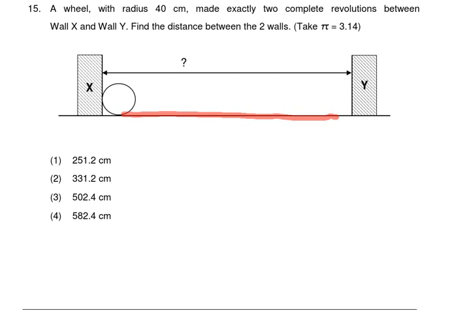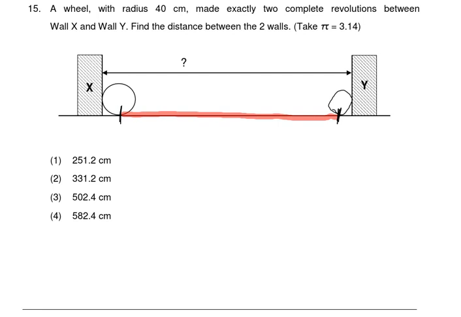Let's say it makes 2 complete revolutions. Because the moment it turns, we will start measuring from this point, until here, yes or no? Correct?